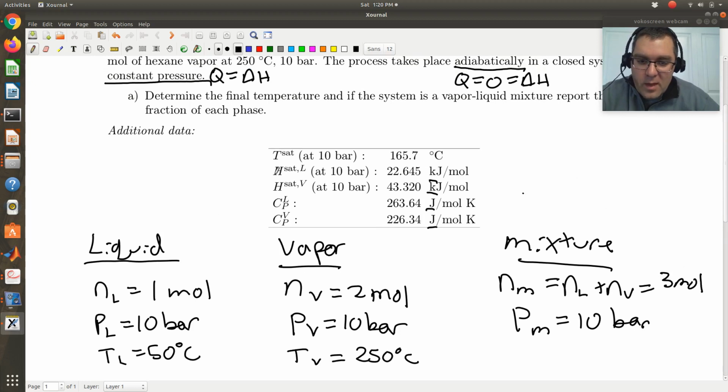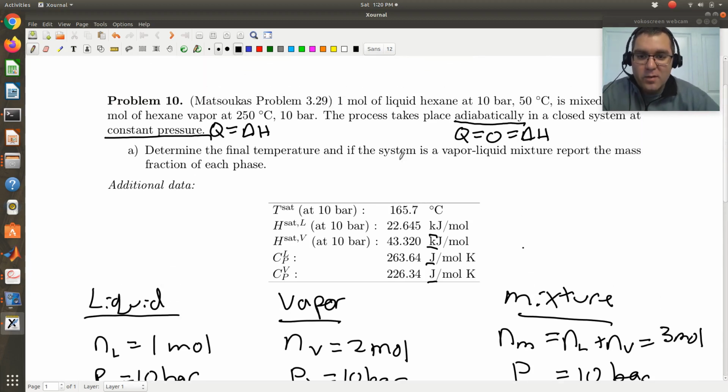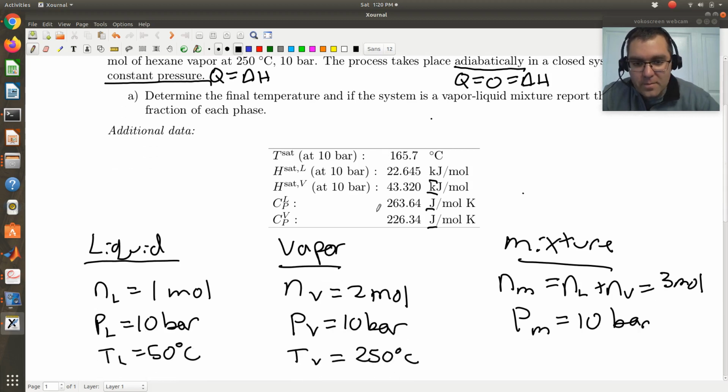So I know that the enthalpy of my liquid at saturation is equal to this, and that's at 165.7 degrees C. So I'm going to take this as my starting point, and then calculate the change in enthalpy of going from a liquid at saturation, which is at 165.7, to my temperature 50 degrees C, so that I know the absolute value, quote and unquote, of the enthalpy of my saturated liquid at the same pressure, temperature of 165.7 degrees C, and get the enthalpy of my liquid state in relation to that.